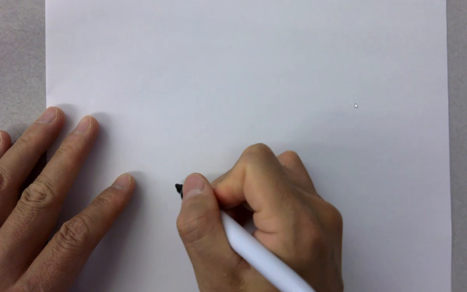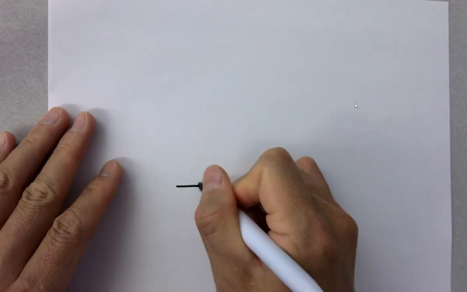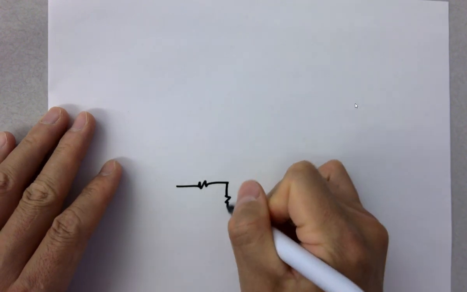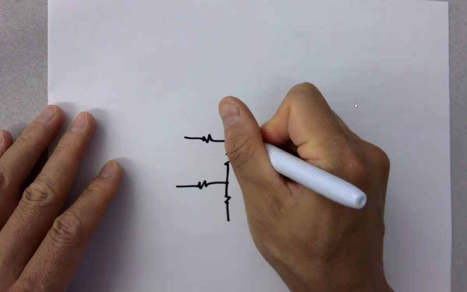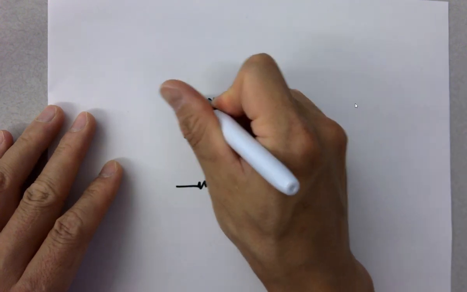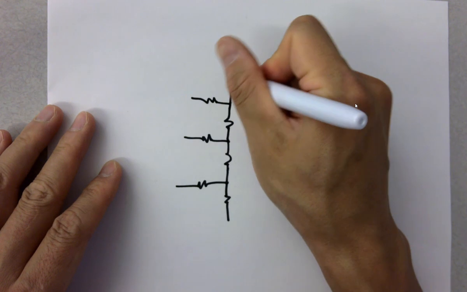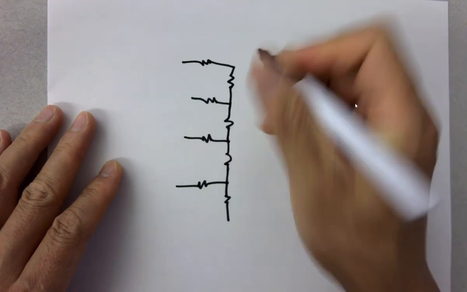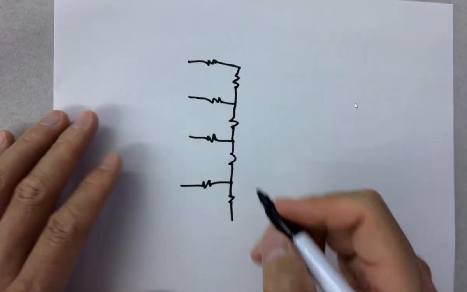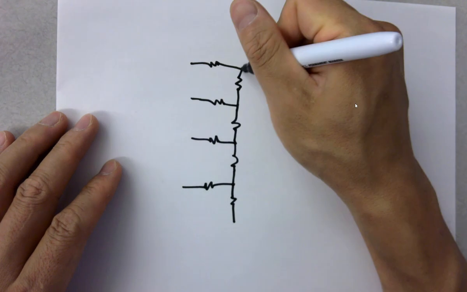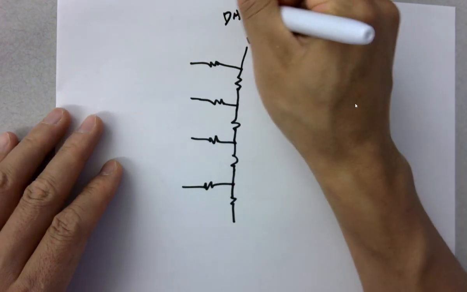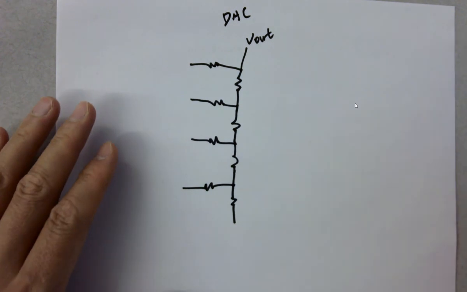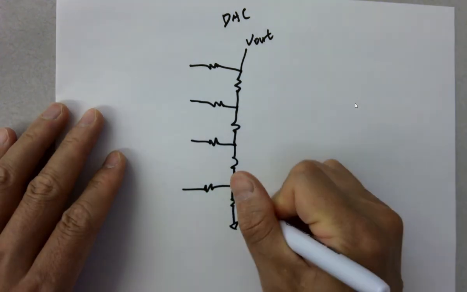So the resistor string for the DAC looks like this. I'll just draw 4 bits, because that will be too many of them. So this is the output of the DAC. Okay, and these are 2R.